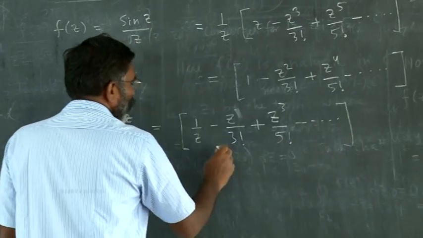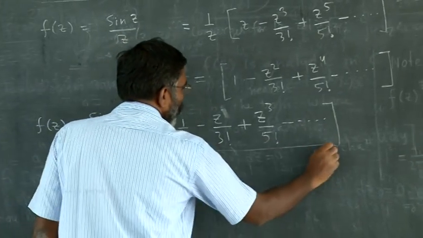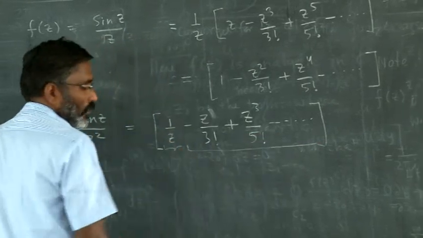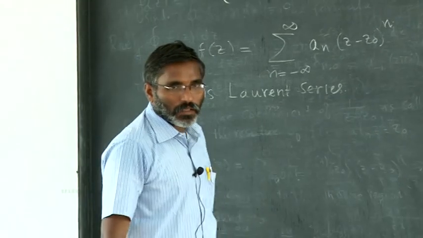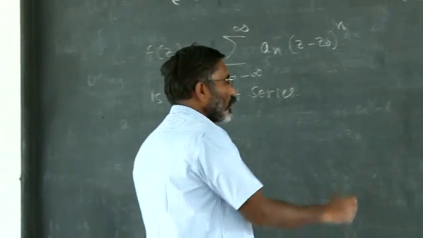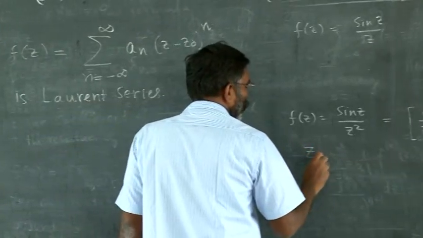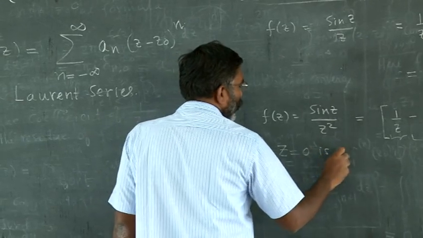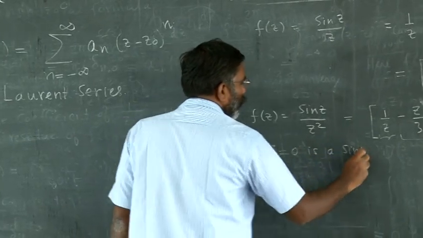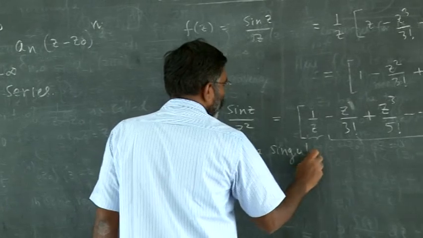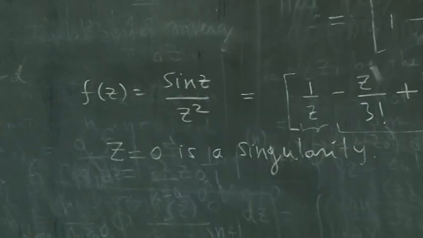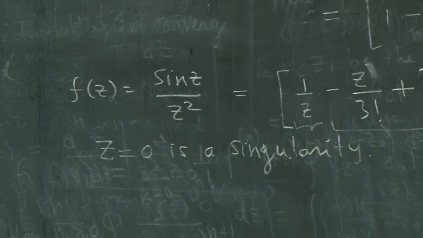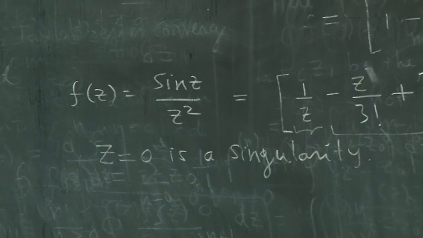You can see these are all positive powers of z, but there is one negative power. Correct? So it is singular. So z equal to 0 is a singularity.